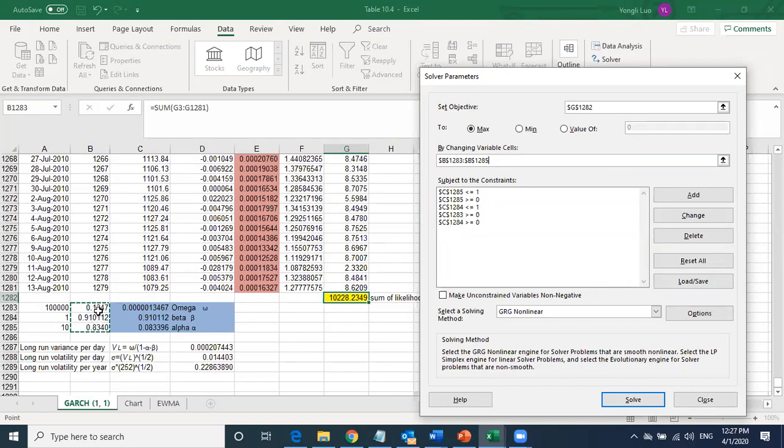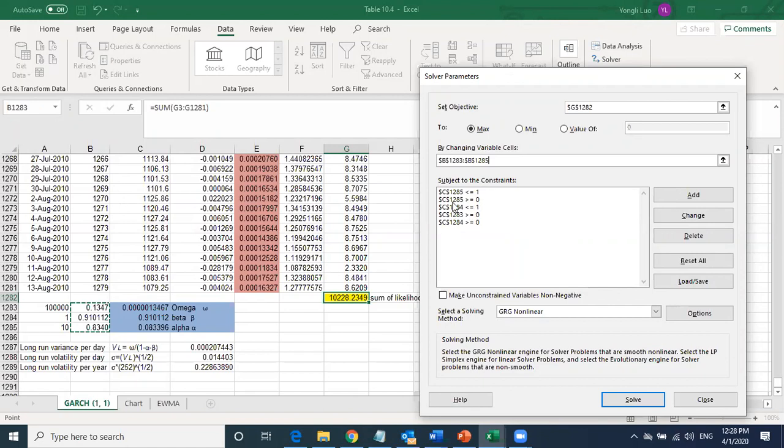You cannot assign a negative weight. Then for this cell, it has to be greater than 0 and less than 1, because the weights you assign are supposed to add up to at most 100%, so you cannot go over 100%.